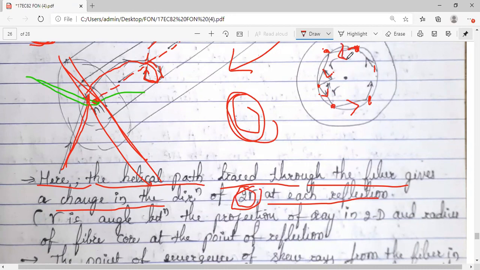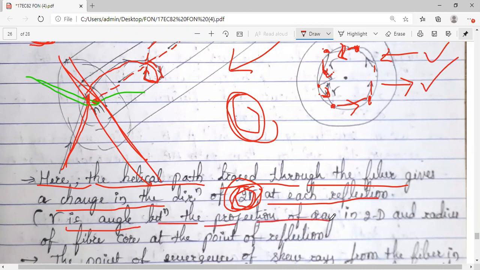If this is the angle and the direction is in this way, after 2 gamma the direction is reversed. Similarly, if you continue like that, after every 2 gamma angle, the direction of the ray will reverse. That's what it means. So what is gamma?